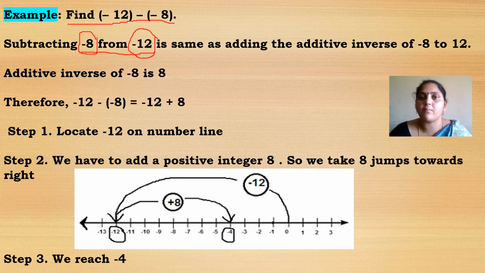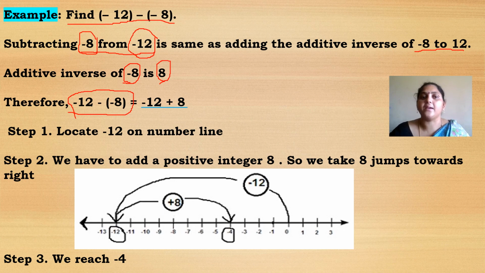This is the same as adding the additive inverse of minus 8 to minus 12. What is the additive inverse of minus 8? Because minus 8 we are subtracting here, we have to take its additive inverse. It is 8, positive 8, right? Therefore, minus 12 minus of minus 8 can be taken as minus 12 plus 8.